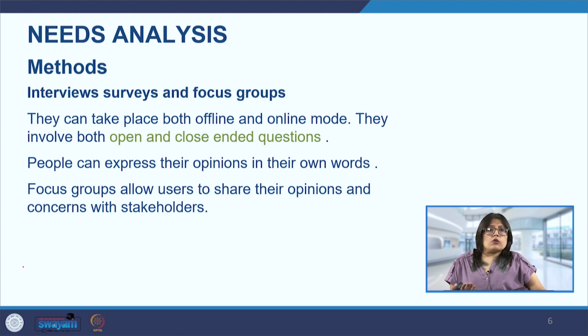The structured or closed ended questions are to the point, and answers only to those questions are sought from the person we are talking to. And here we will not deviate from the questions in the closed ended or structured one.